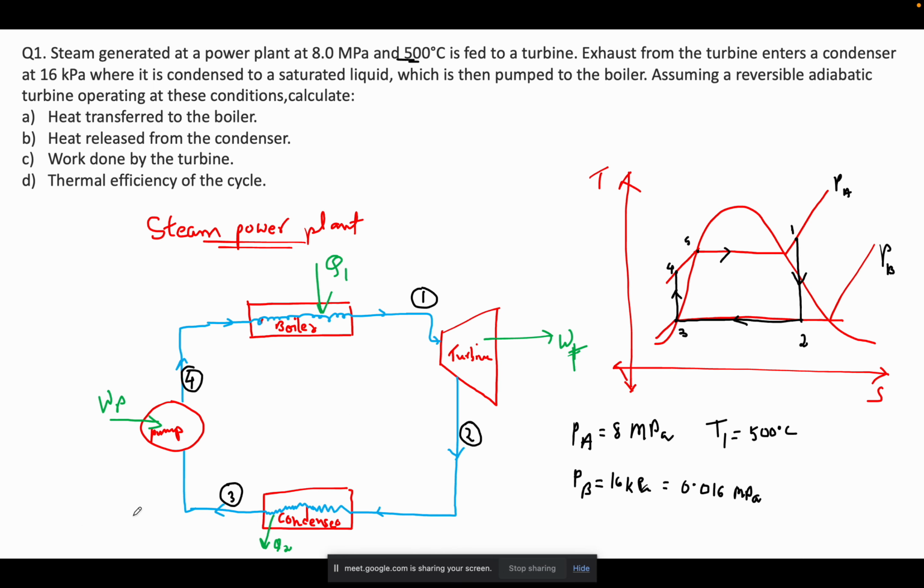So let us first go to the steam table and locate point 1, and in that state we will see whichever values are required.